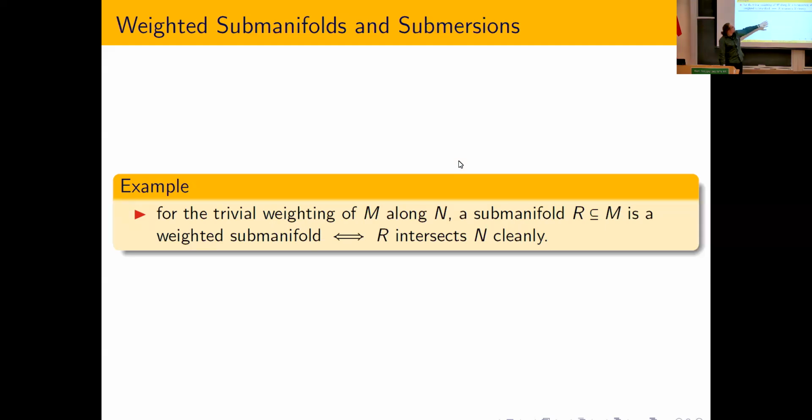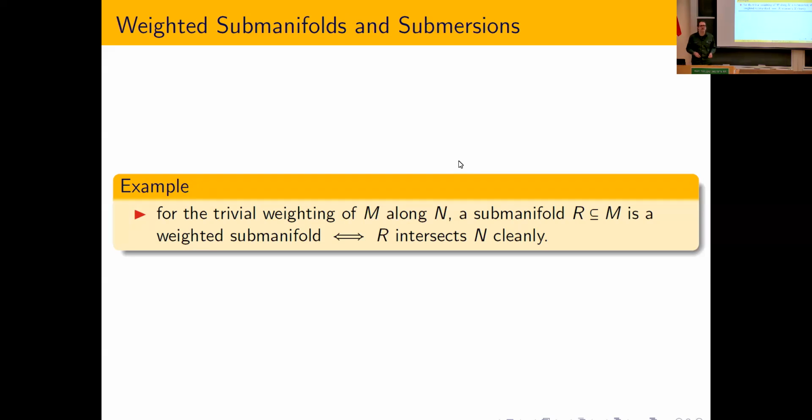So if M is just weighted along N by order of vanishing, then the weighted submanifolds are exactly the ones that intersect N cleanly. So that's already something interesting. What I mean by intersecting cleanly is that the intersection is actually a manifold, and the tangent bundle of the intersection is the intersection of the tangent bundles.